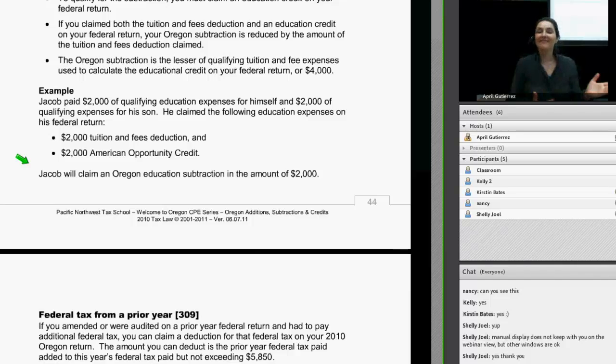We had a situation for Oregon that until the legislature met and decided on whether or not it was going to allow the tuition and fees deduction for Oregon, we didn't know if we had a tuition and fees deduction for Oregon. In fact, the way it was currently set as the tax season started for 2011, when we were preparing 2010 returns, if a tuition and fees deduction was claimed on the federal return, we were going to have an addition on Oregon, because Oregon was not allowing for that deduction.